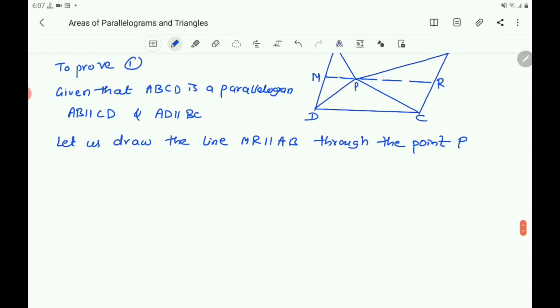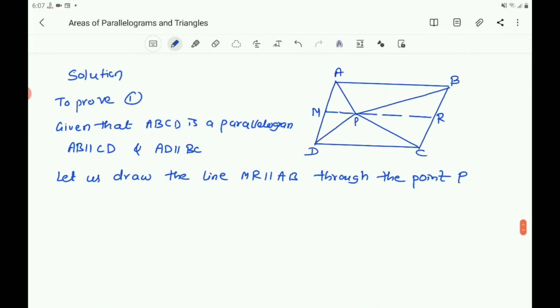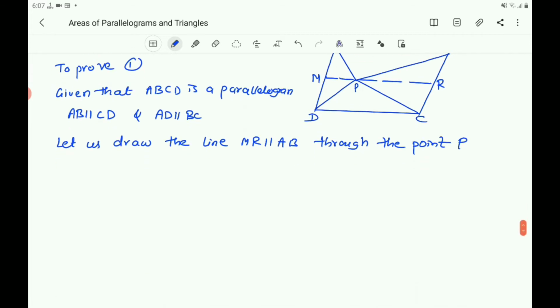Now, here MPR is parallel to AB, and as AB and CD are parallel, MR is also parallel to CD. Therefore you write MR parallel to AB, and AM is also parallel to BR.